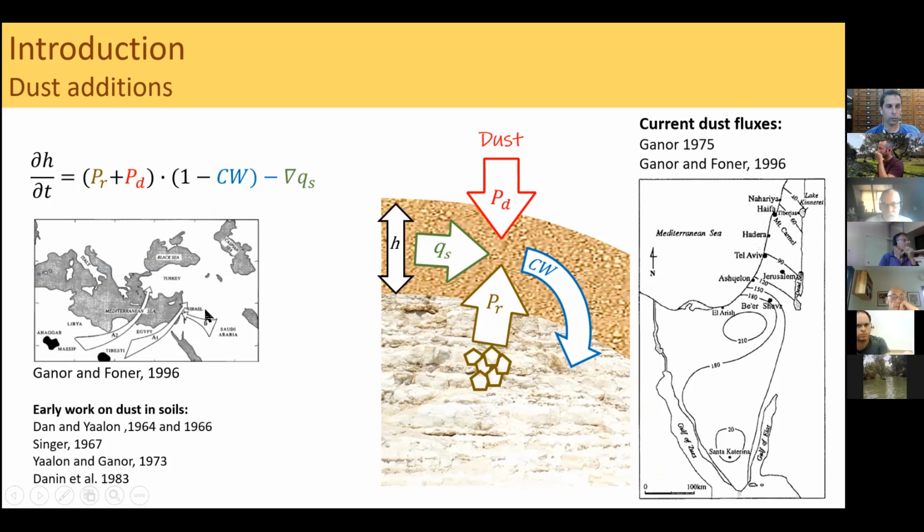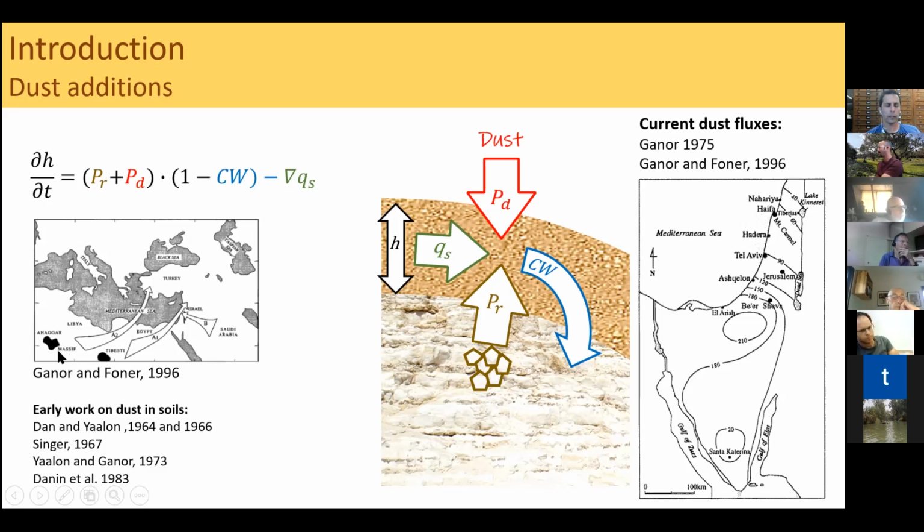Dust in soils: in Israel, there is some pioneering work on the subject by Dan Yaalon and Yoel Dan in the 60s, and many others that followed them. And they showed that there's substantial input of dust in Mediterranean soils.